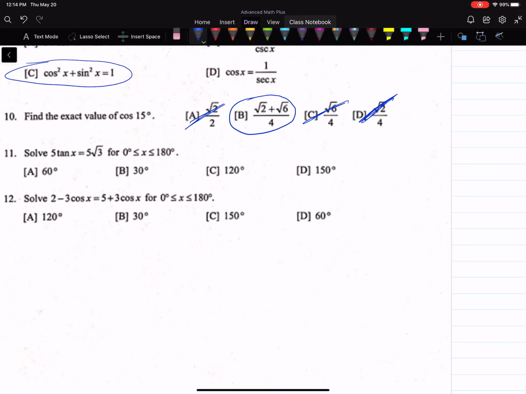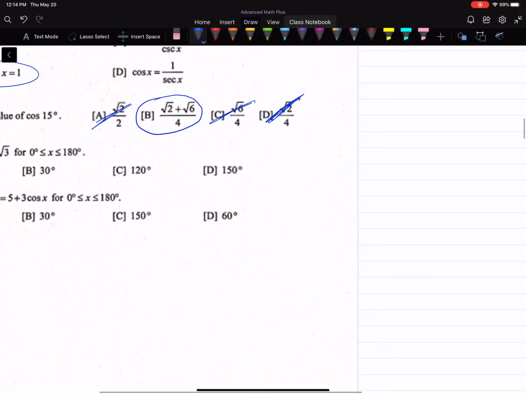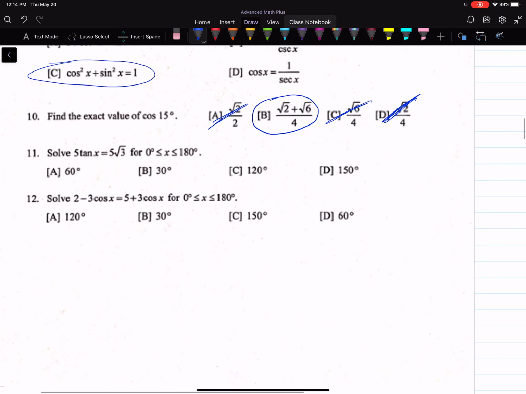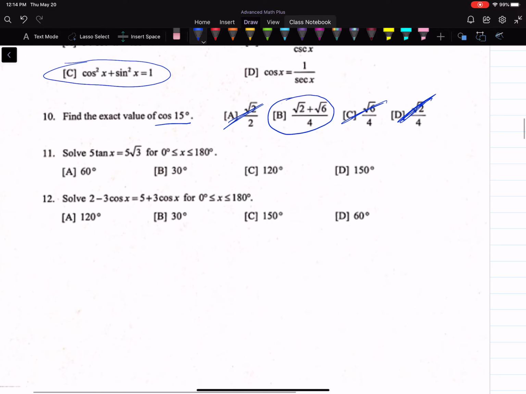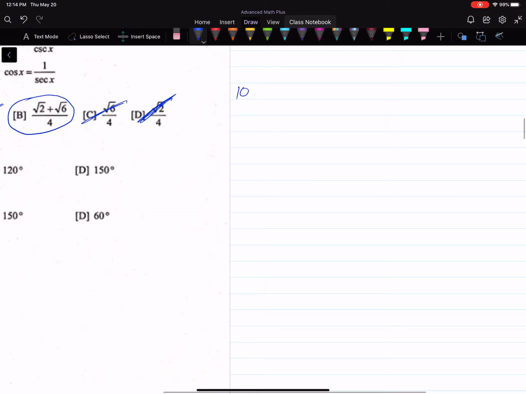Okay. So I'm going to show you the long way because I'm a math teacher. That's what I'm supposed to do. We're actually going to use a difference of cosine identity.